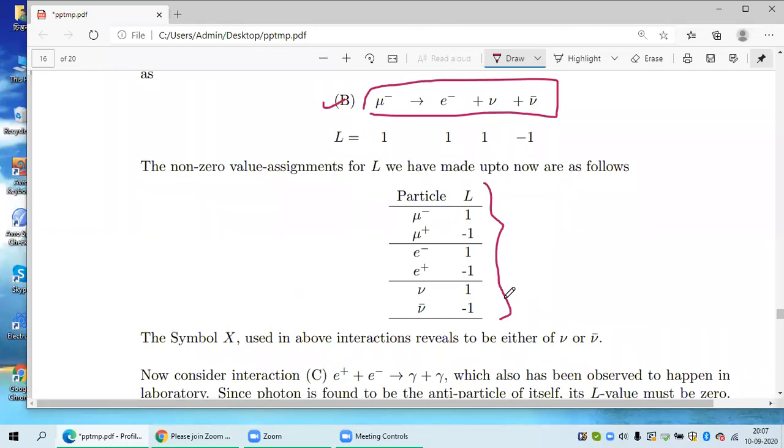Now I keep on assigning from A and B. This is an initialization. By this initialization and from A and B, we can see that these particles get these values of L. So nu minus is 1, so its antiparticle will always get -1. So E minus is 1 by this equation. And nu bar gets L minus 1. Is it clear up to this point?